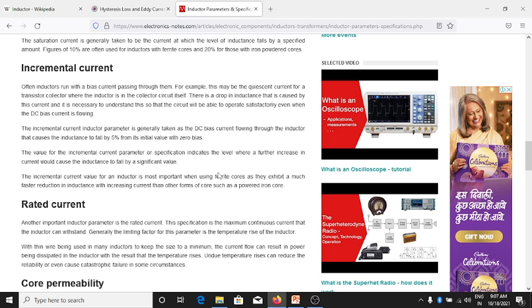There is a drop in inductance which is caused by this current, and it is necessary to understand this so that the circuit will be able to operate satisfactorily even when the DC bias current is flowing. The incremental current inductor parameter is generally taken as the DC bias current flowing through the inductor that can cause the inductance to fall by 5% from the initial value with 0.